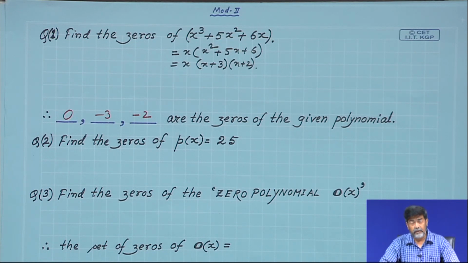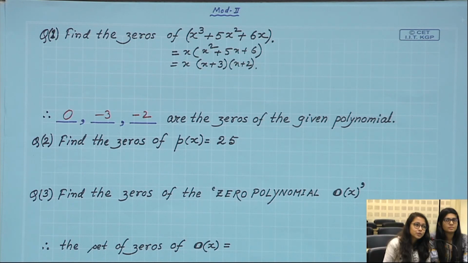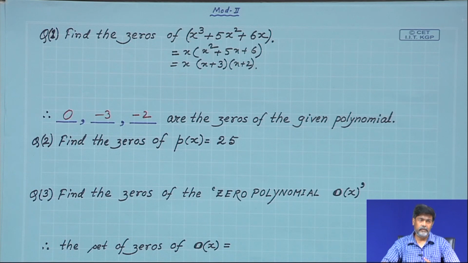Now find the zeros of p(x) equal to 25, I think you will be able to do that. p(x) equal to 25, constant. Then, sir, the value of x has to be 0. Okay, say what is the value of p(1)? If we put 1 for x, what will be the value?